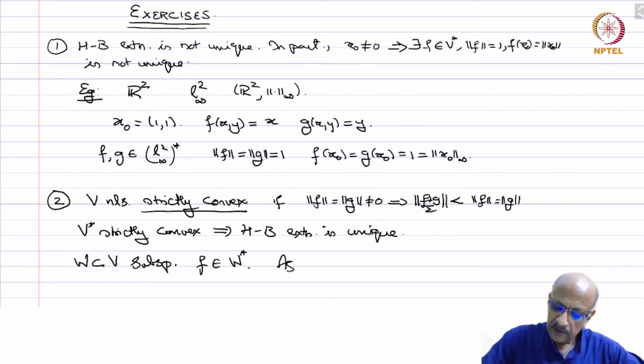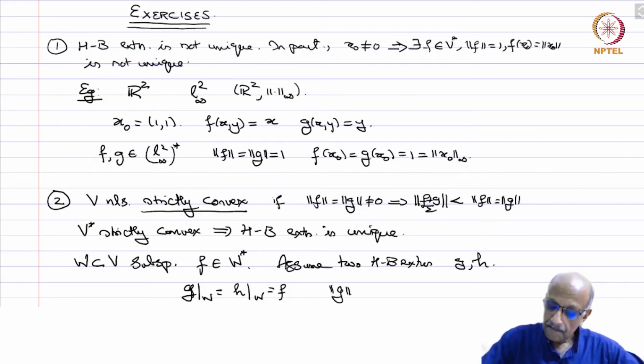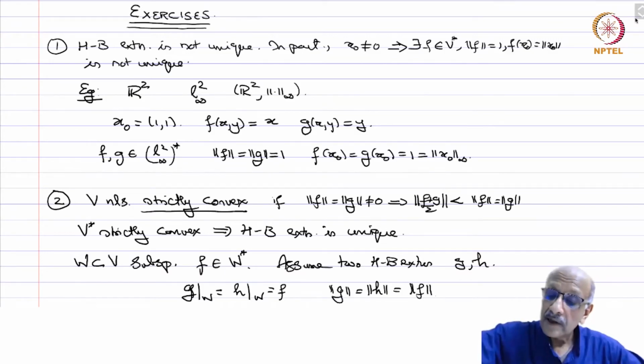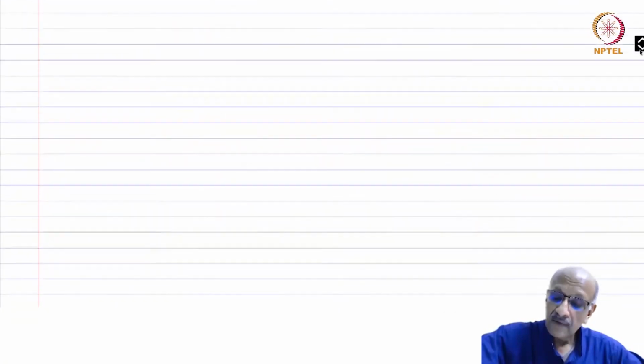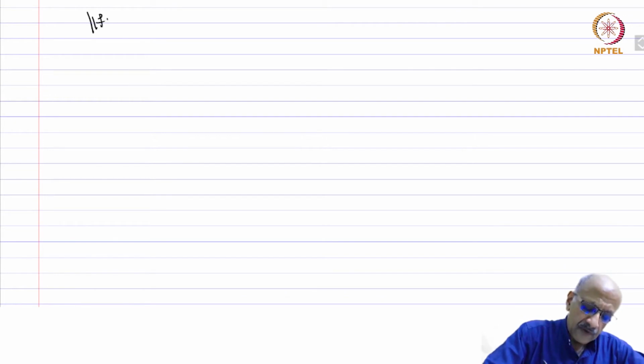Assume we have two Hahn-Banach extensions, G and H. So you have G restricted to W equals H restricted to W equals F, and norm G equals norm H equals norm F. Then you look at norm of (G plus H) by 2.